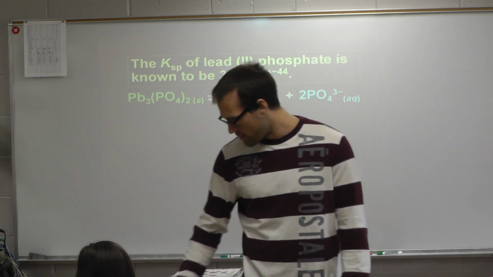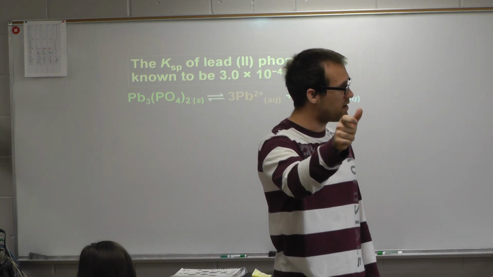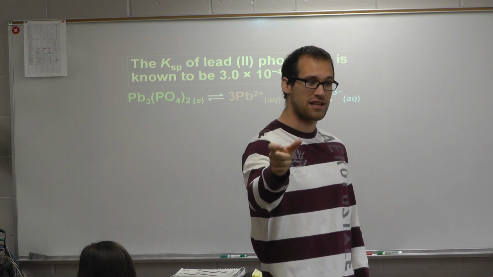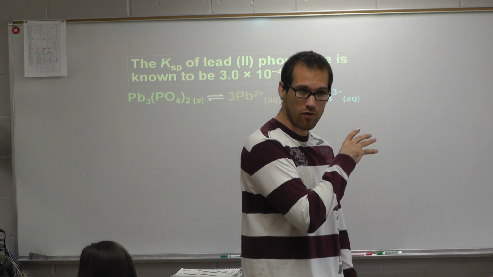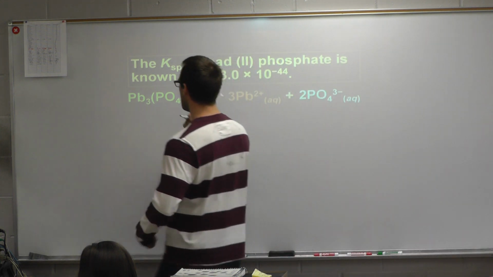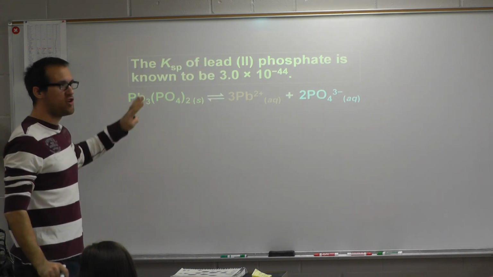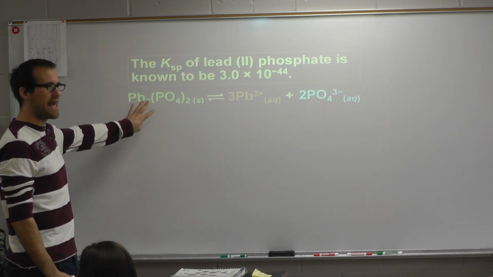That's the note I had you make: if you know KSP, you can find the solubility, and if you know the solubility, you can find the KSP. And this is where knowing the way I'm showing you is going to be more helpful. Whenever you're doing these types of problems, the very first thing you should do is write the KSP expression.